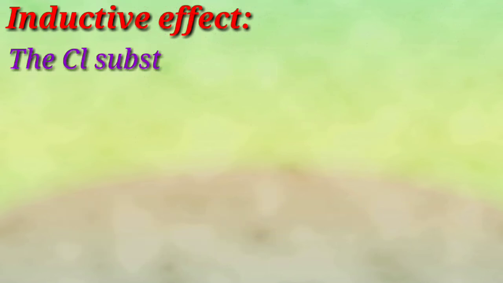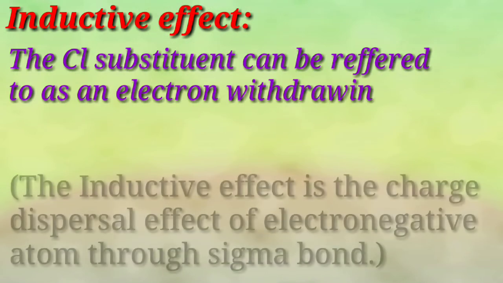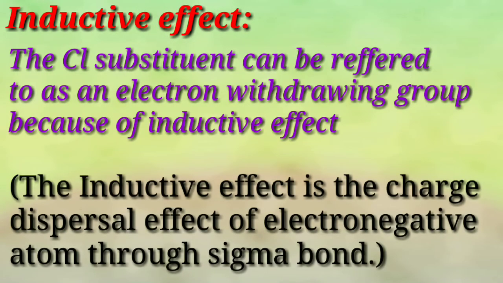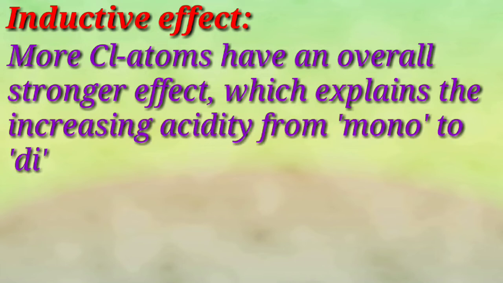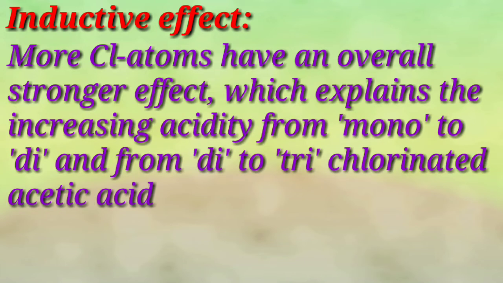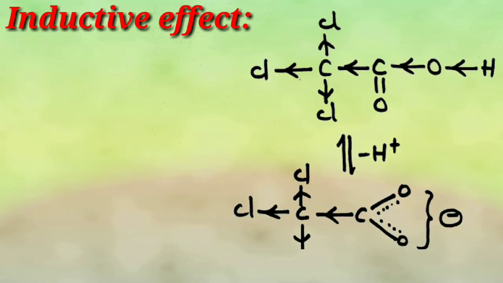The chlorine substituent can be referred to as an electron withdrawing group because of the inductive effect. More chlorine atoms have an overall stronger effect, which explains the increasing acidity from mono to di, from di to trichlorinated acetic acid. Now, consider the following diagram.